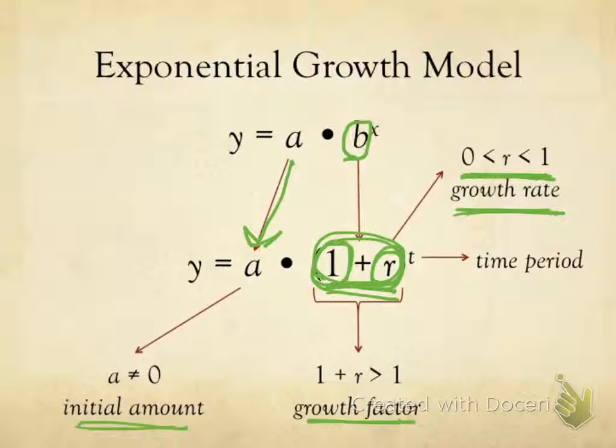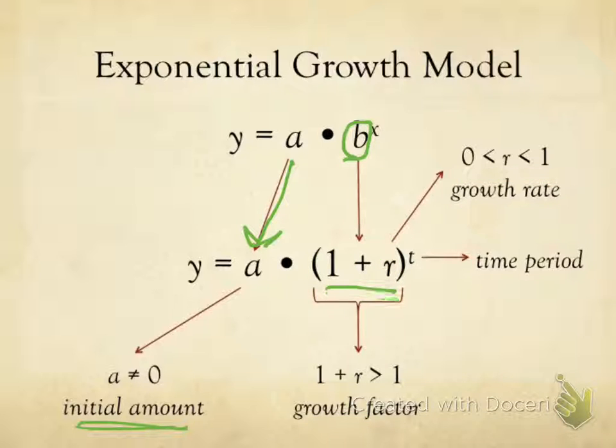Because we are adding that r value to the 1, that does indeed give us a base that is bigger than 1, and so we do definitely have a growth situation here. And then the one other slight difference is that instead of using x as our independent variable, we're now using t, because the independent variable is usually some reference to time.